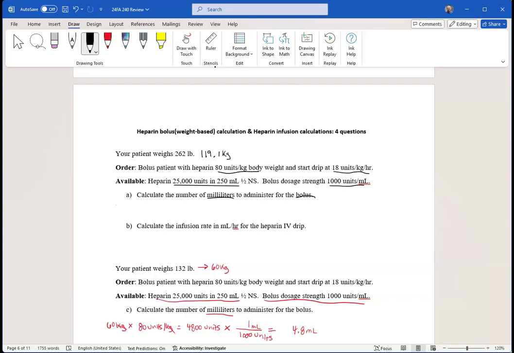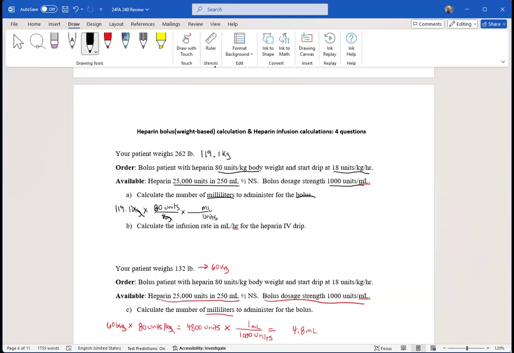So we're going to start off with the patient's weight, 119.1 kilograms, multiplied by the bolus dose, which is 80 units per kilogram. So kilograms are eliminated, and if we did our math there, we'd be in units. So we want to make an additional conversion of units to milliliters.